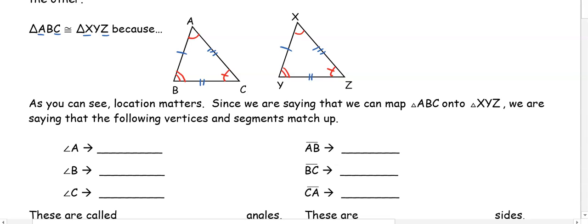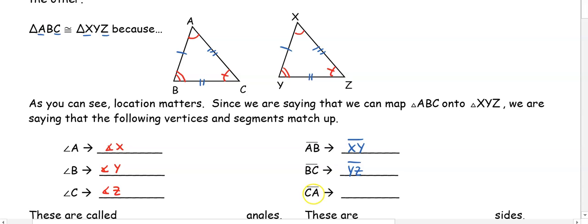So we are saying that angle A matches with angle X, angle B matches with angle Y, and angle C matches with angle Z. If you look at their names, we notice that A and X are the first letter, B and Y are the second letter, C and Z are the third letter. Then when we go to segments, segment AB is going to match with segment XY, they're the first two letters. Segment BC is going to match with YZ, they're the second and third letter.